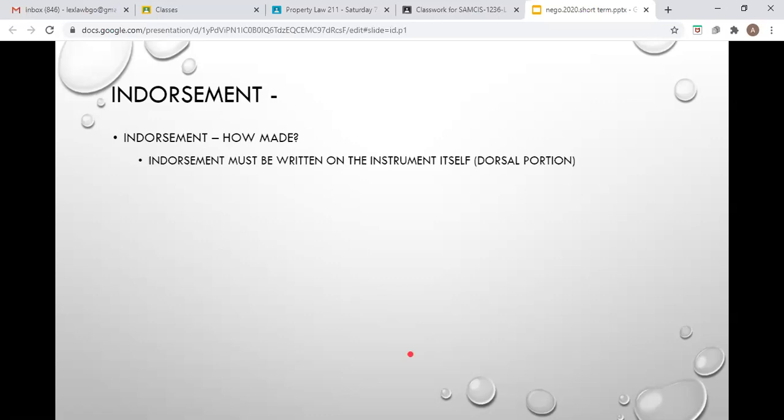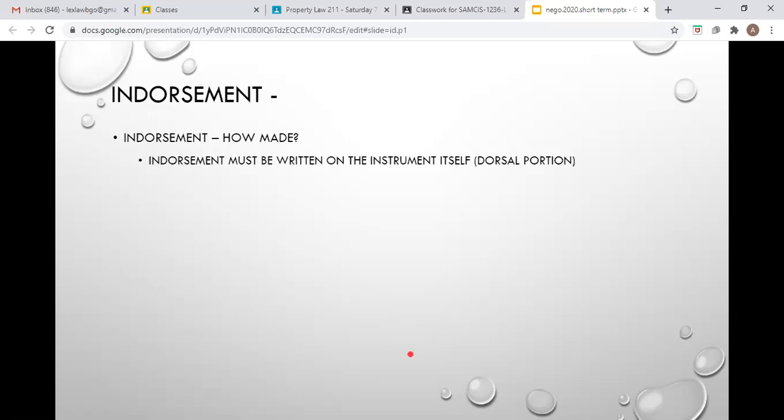There has been proper negotiation of that payable to bearer instrument because being a bearer instrument, it can be negotiated by delivery only. Now, how about if it is a payable to order instrument? Then if it's a payable to order instrument, the proper way or the correct way on how to negotiate it would be through endorsement completed by delivery.